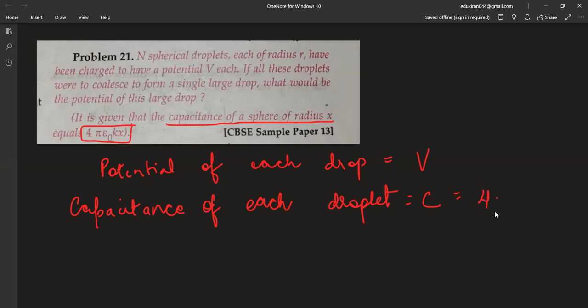This is equal to 4 pi epsilon naught k r. Clear? So what will be the charge on each?